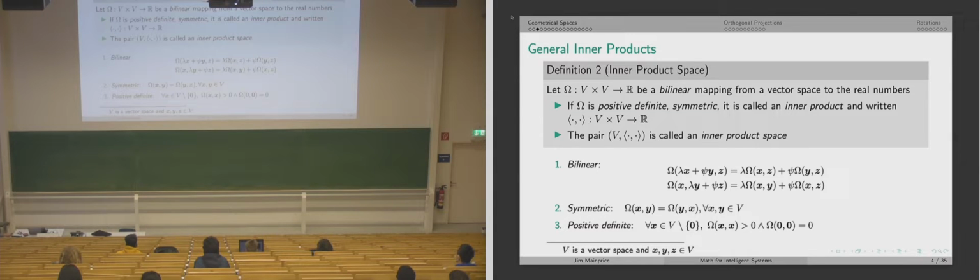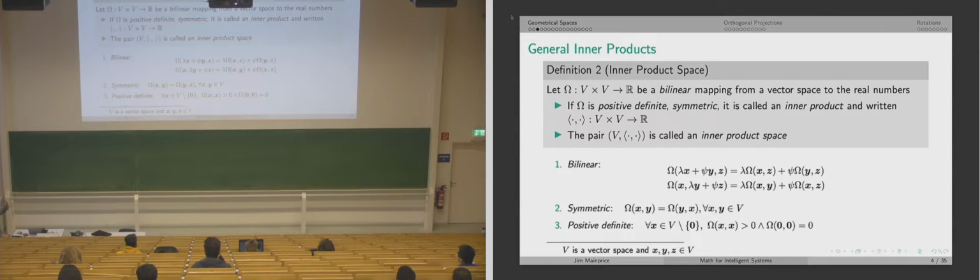But positive definite means that it's greater than 0, not equal to 0. It's only equal to 0 if you take in the neutral element.